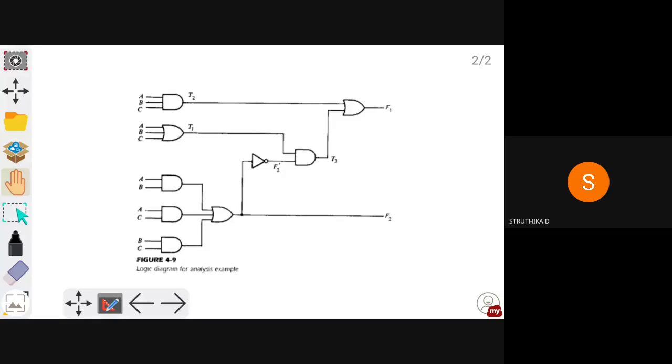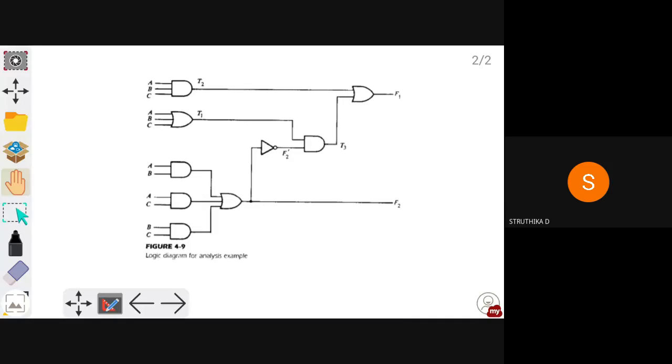Combinational circuit means that for each input you will have an output. Here the inputs are A, B and C, so you have three inputs, and two outputs, F1 and F2.